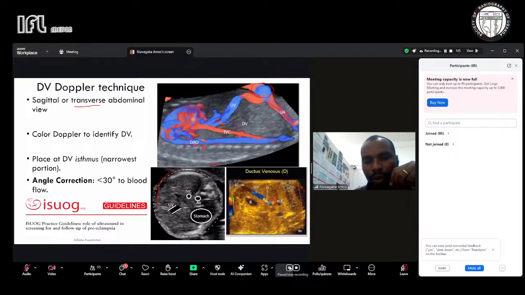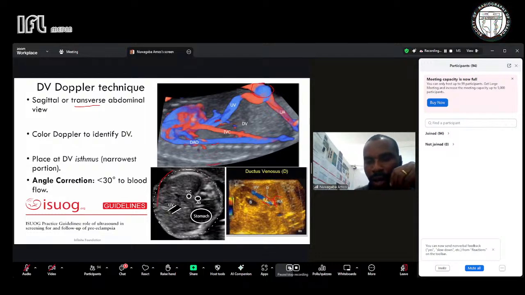You then slide the probe cranially towards the head, identify the umbilical vein as it drains into the IVC, and if you fan towards the right, you should be able to see a little bit of the right atrium. And this is the area of aliasing, and that is the ductus venosus.